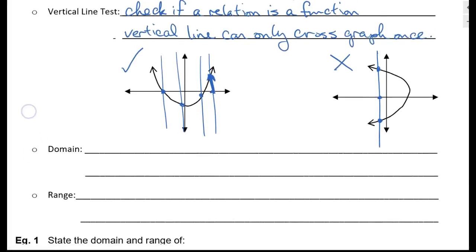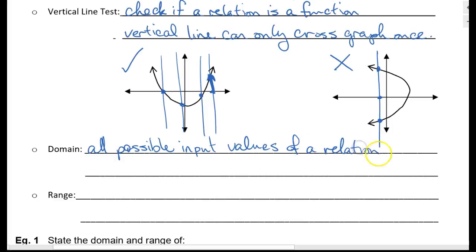So when we talk about domain, what we're referring to is all the possible input values of a function. You can even say relation. And then the range is all the output values.